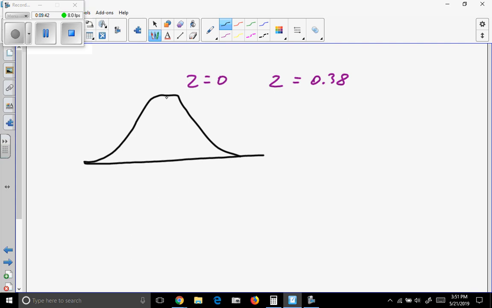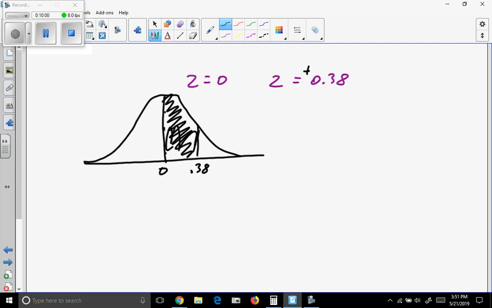So if we draw a normal distribution, a z value of 0 is in the middle, a z value of 0.38, that's a positive number, so that's to the right. So we're looking for this area.